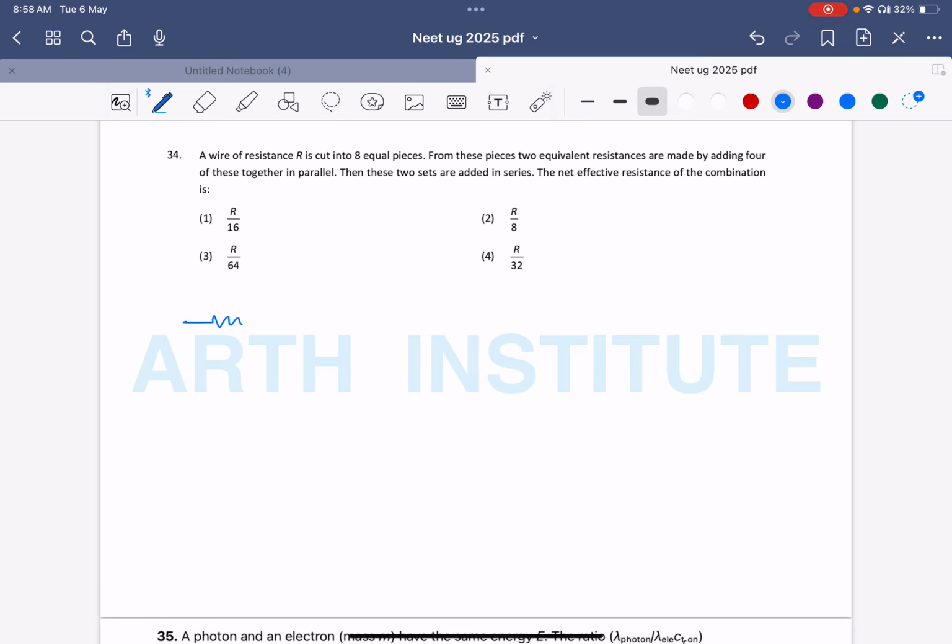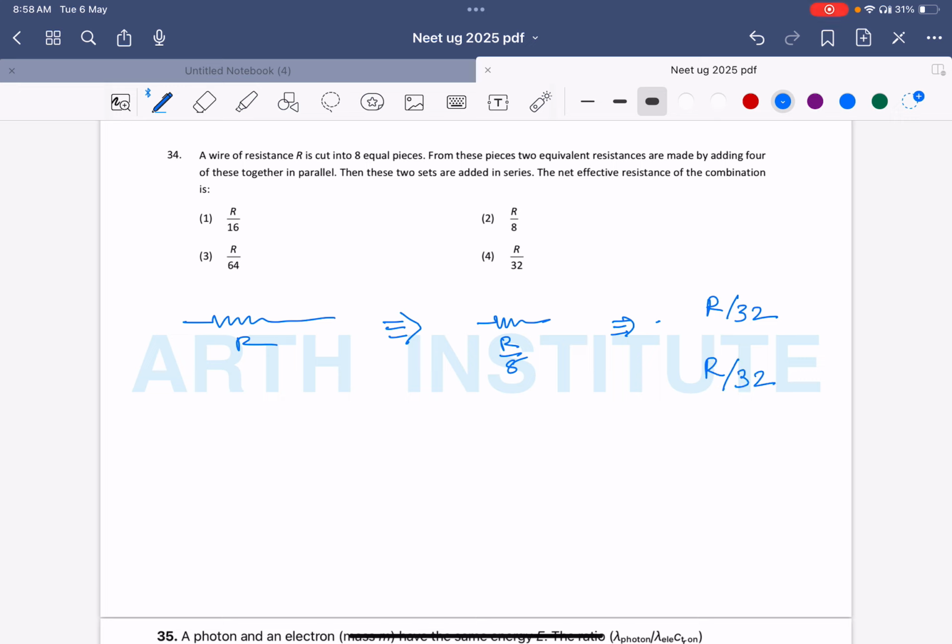So if there is a wire of resistance R, it is cut into 8 different pieces. So each has resistance R by 8, and 4 of these R by 8 are connected in parallel. So that will be R by 32, and another 4 are connected in parallel.